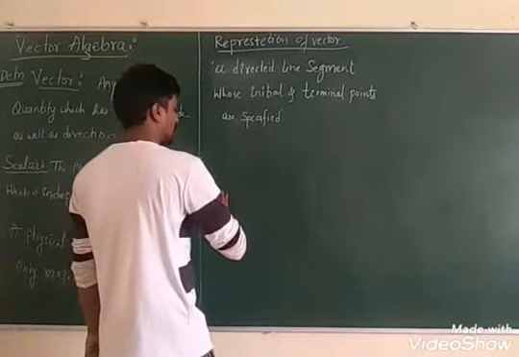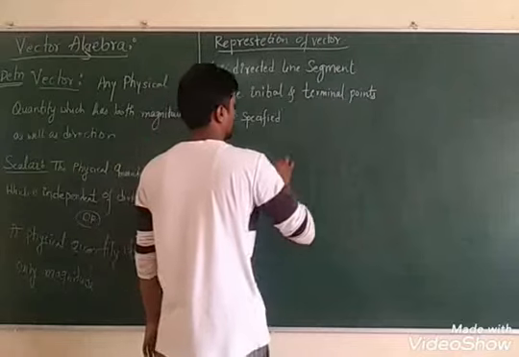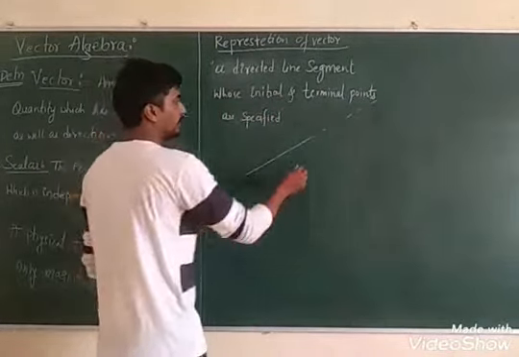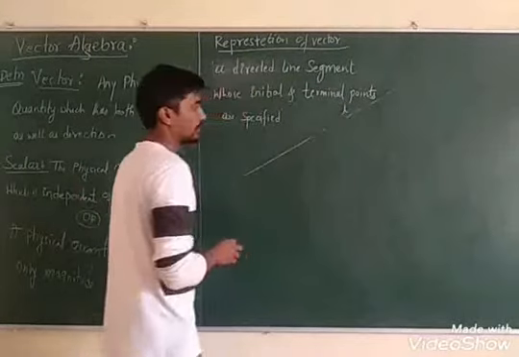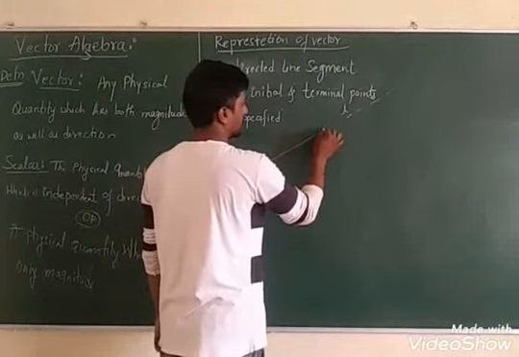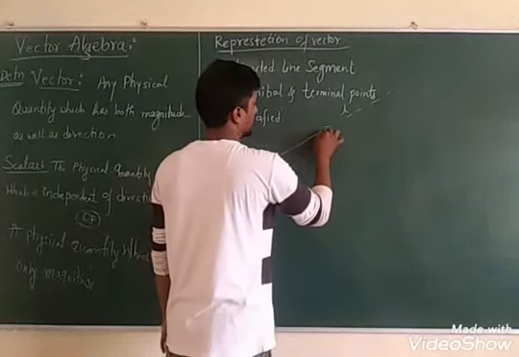For example, if the line is traveling like this, this is the line L we have, and it has a direction in this way.